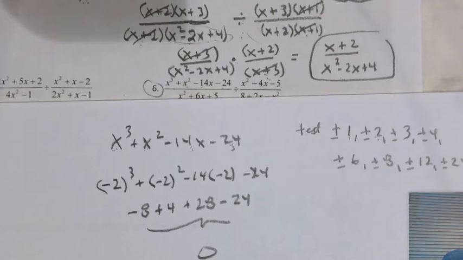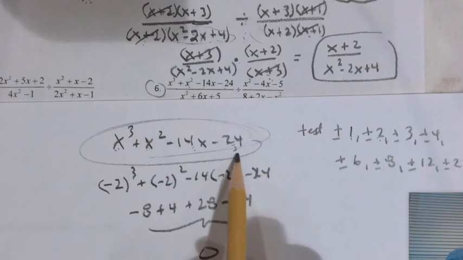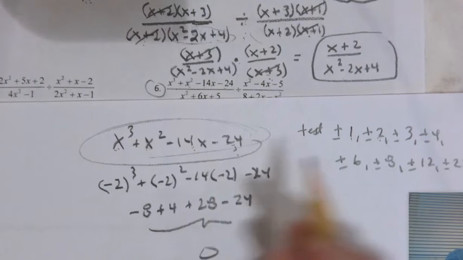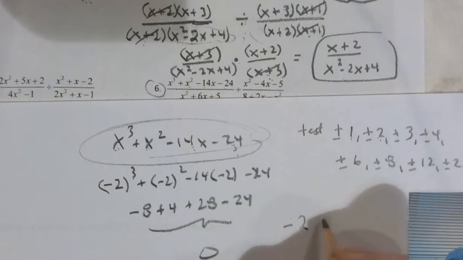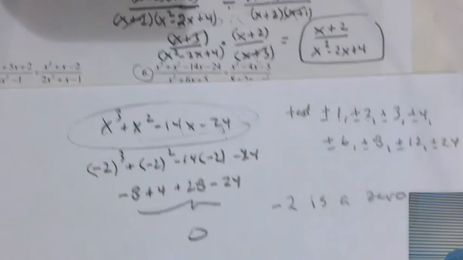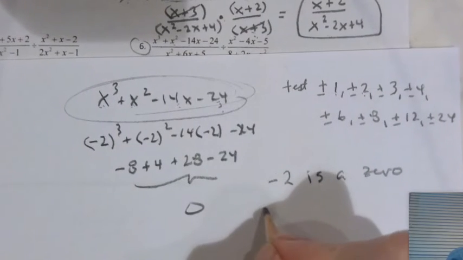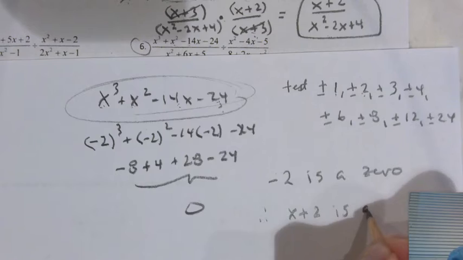So that means negative 2 would be a 0. Negative 2 makes this polynomial 0, which means we'll say negative 2 is a 0 of this polynomial. Therefore, x plus 2 is a factor.